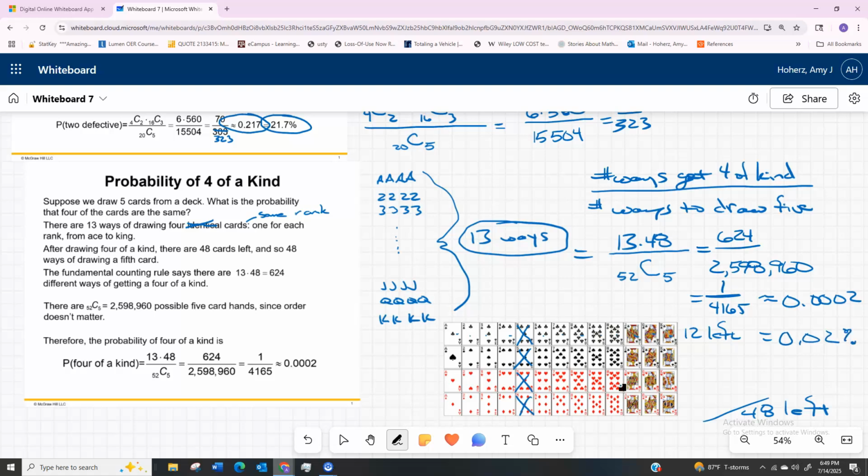So very unlikely to happen. It's very unlikely to get a 4 of a kind. That's why when you're playing a game that a 4 of a kind is a good hand, it doesn't happen that often because it's very unlikely to get. So any type of a 4 of a kind, you only have a 1 in 4,165 chance of that happening.